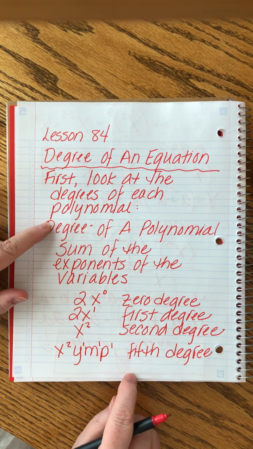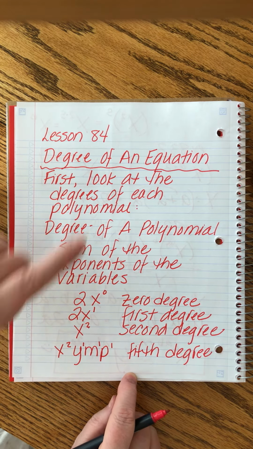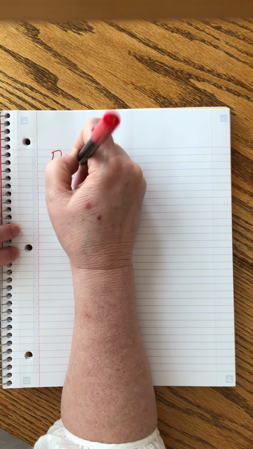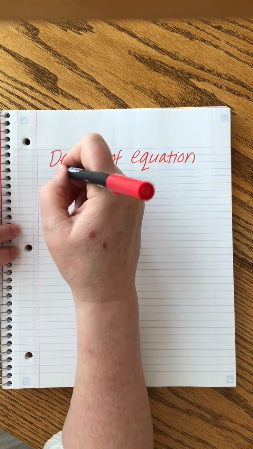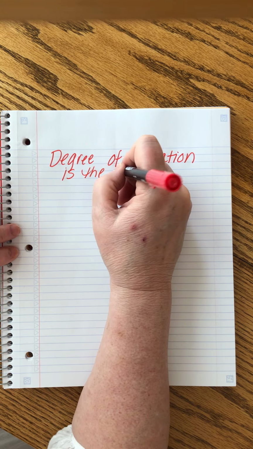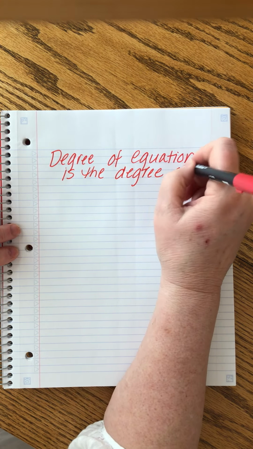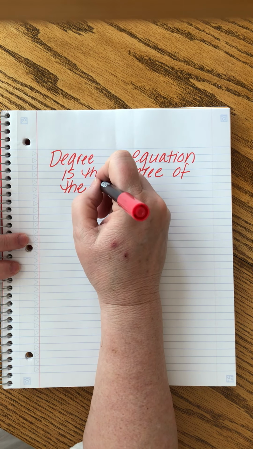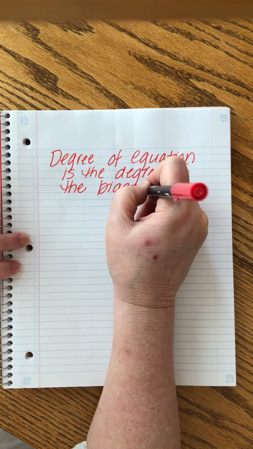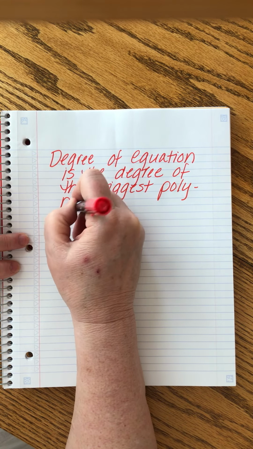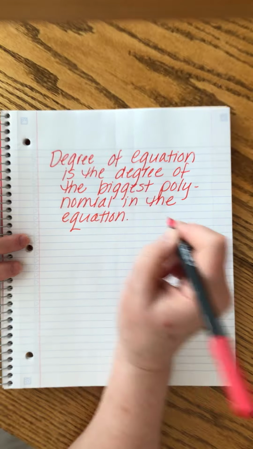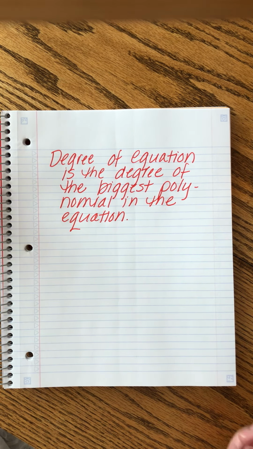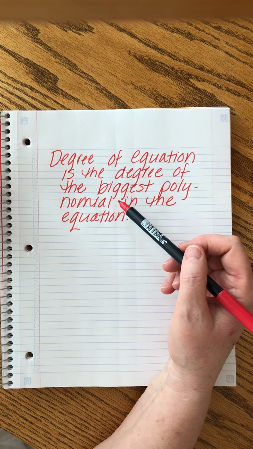So when we find the degree of the polynomials in our equation, the degree of the equation is the same number as the degree of the biggest polynomial in the equation.